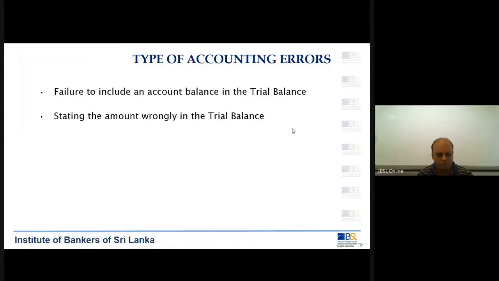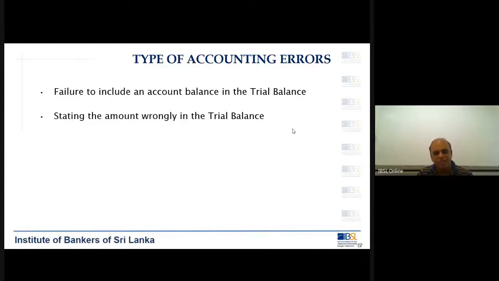The account balance is 300,000, but when you are writing it on the trial balance, you have written only 30,000, so your trial balance won't balance. Again, this cannot happen in a system generated trial balance, but if you are doing it manually, this can happen.